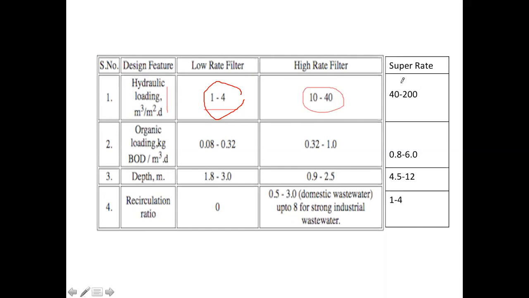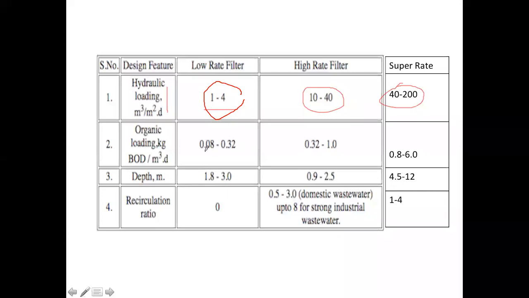And in case of super rate filter, this will be around 40 to 200 cubic meter per day per meter square. So obviously this discharge is very high, which means the hydraulic loading rate will be more in case of these high rate filters.